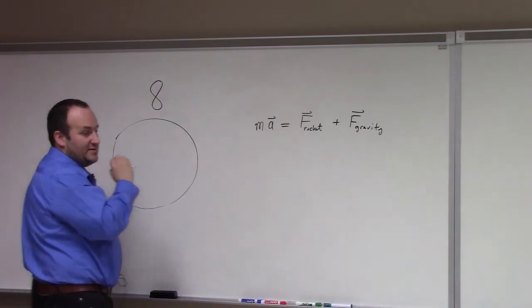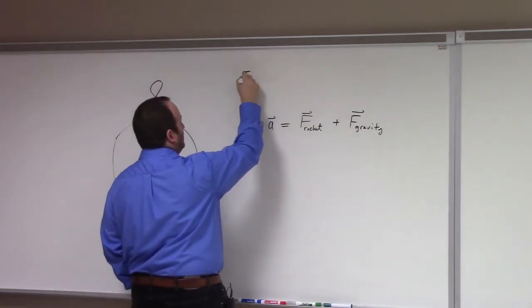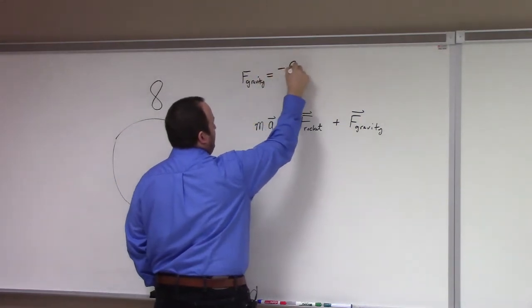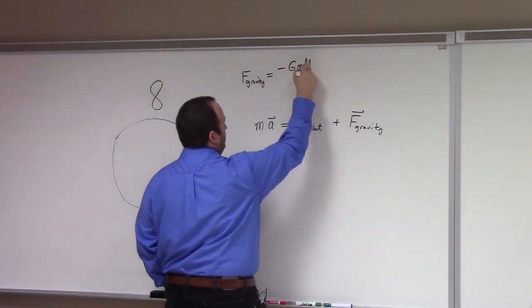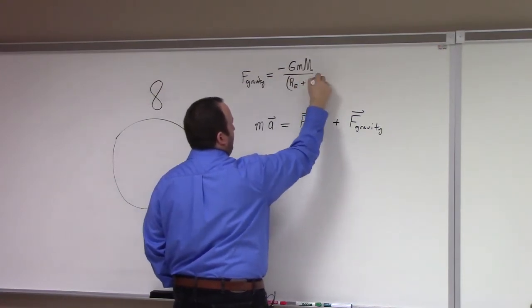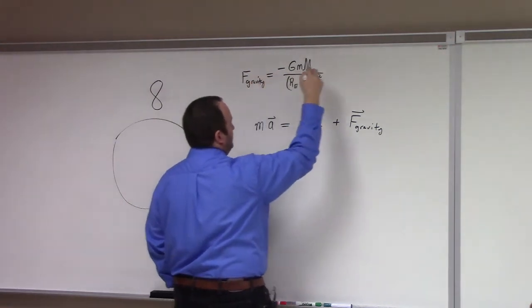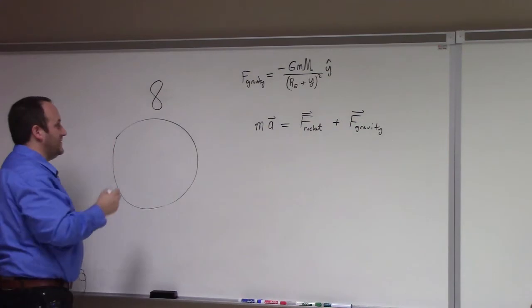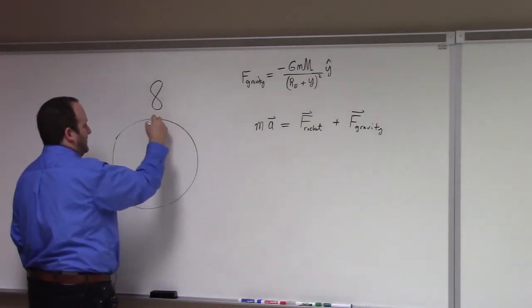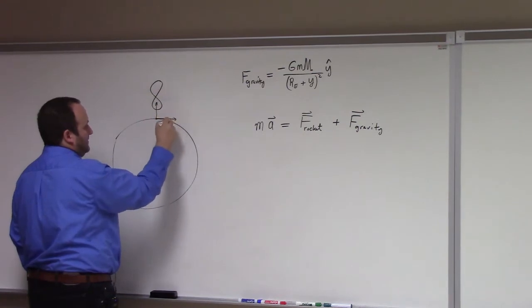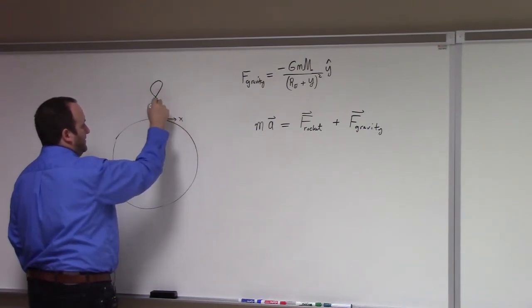I've got options, right? Because the force of gravity, in truth, is minus G m over the radius of the Earth plus the altitude, let's say y, squared, in the y hat direction. If I'm setting up my system of coordinates like this, then this is x, this is y.